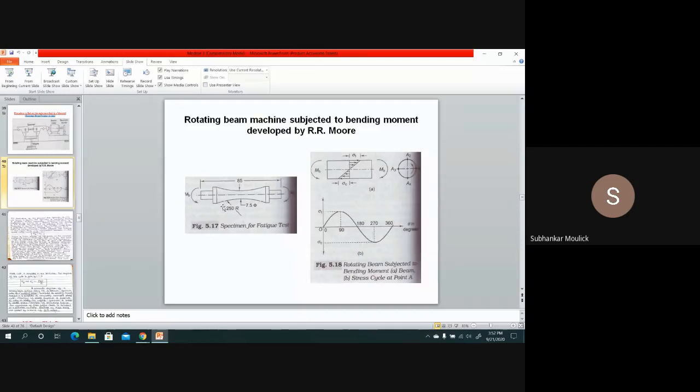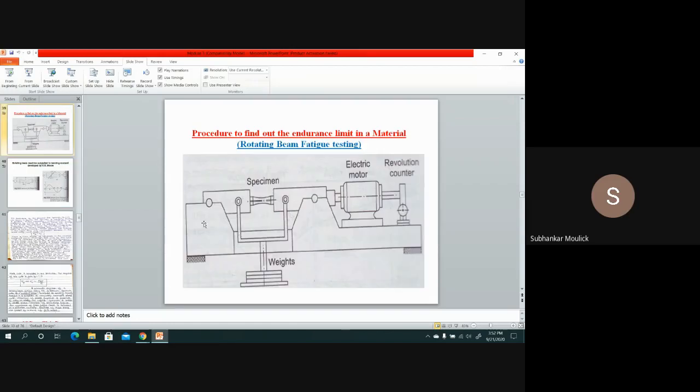But in industry, this may not be the case every time, because you are producing many components, and each component has a different length, different diameter, different fillet radius. So that's why we normally don't use this process to find out the value of endurance limit.